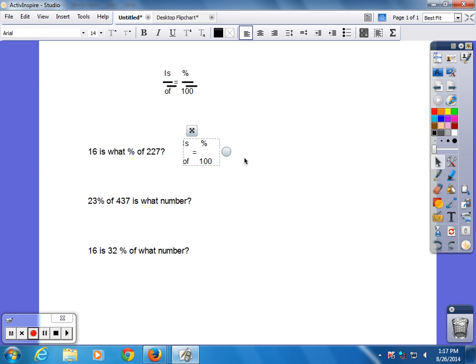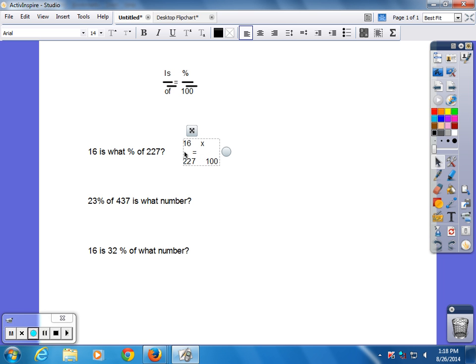So that turns to 16, and then percent turns to what? It's not on the board. X, and then of turns to what? 227, and then you're good to go.